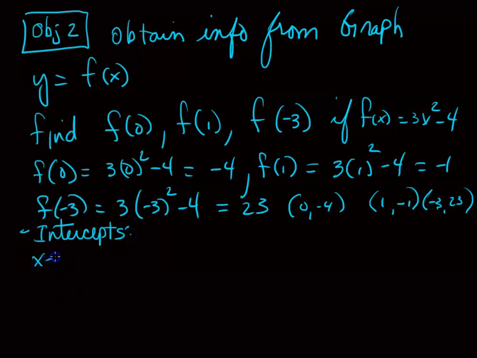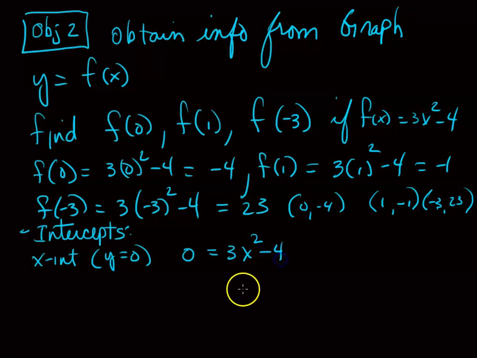The x-intercept is when y equals 0. So let's go back to this y instead of f of x. If y equals 0, it would be 0 equals 3x squared minus 4. That means that if you add 4 to both sides, 4 equals 3x squared.